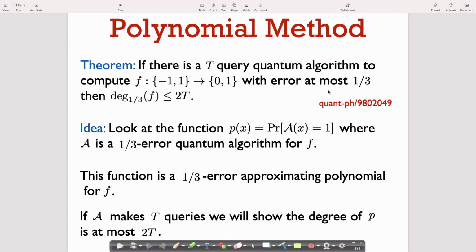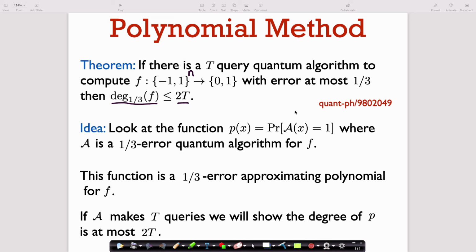If there is a T-query quantum algorithm that computes a function f, from -1, 1 to the n, with error at most 1/3, then the 1/3 error approximate degree of f is at most 2 times T. So this was shown in a very famous paper of Beals et al., which introduced this polynomial method to quantum query complexity.